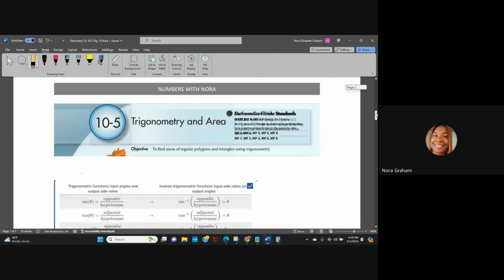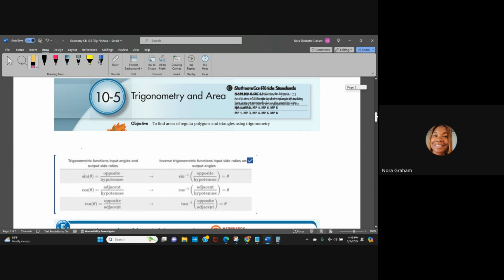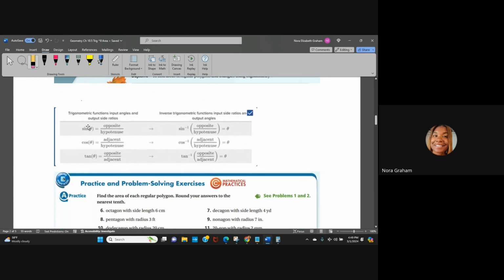So again, this is going to be on 10-5, using trig to find the areas of regular polygons. If you look at my first video, that's going to be more explaining 10-5, so watch that before we jump into the practice. But it's always good to have your trig ratio sheet next to you so you know which trig ratio you're going to use on each problem.